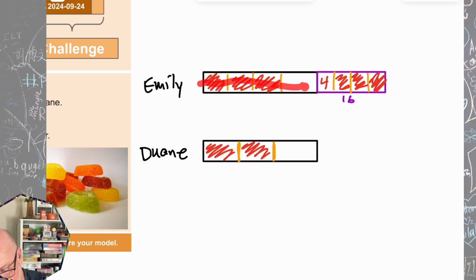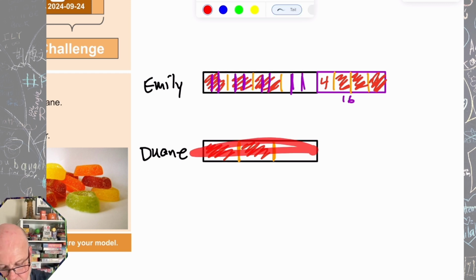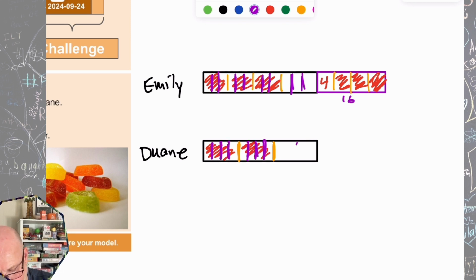This has 4 pieces, this has 3 pieces, so we're going to do the old swap-a-rooney, which means we are going to cut each of these 4 pieces into 3. And then we're going to cut each of these 3 into 4. Now we have equivalent units.